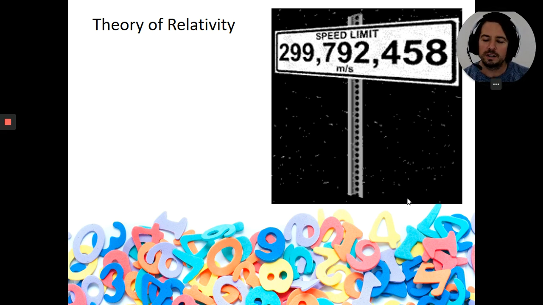So the satellites that send out these time signals have to be corrected for relativity. And if they were not corrected for relativity, then the GPS system just wouldn't work. This is something which really does exist.